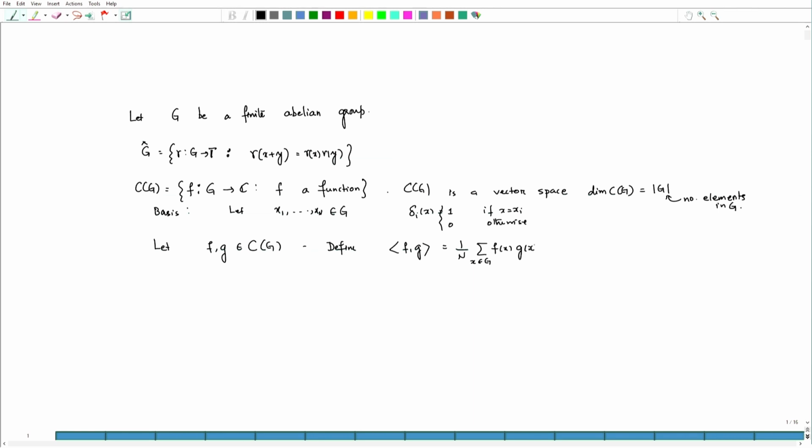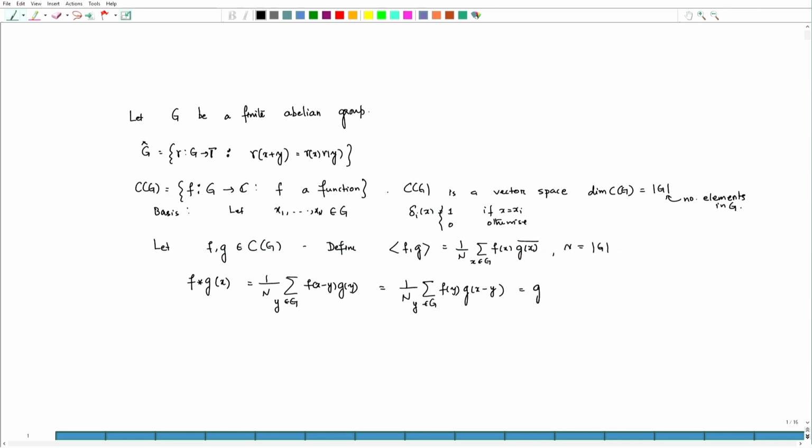Another fundamental thing we do is that the convolution f star g of x is defined to be 1 over n summation over y in G of f of x minus y times g of y, which is also equal, if I make a change of variable, to 1 over n summation over y in G of f of y times g of x minus y.